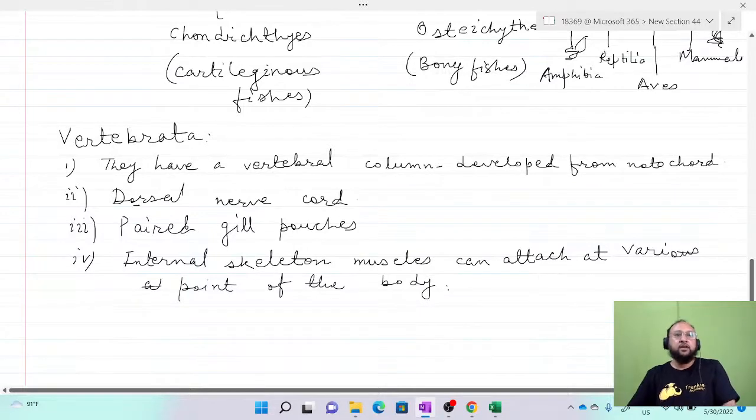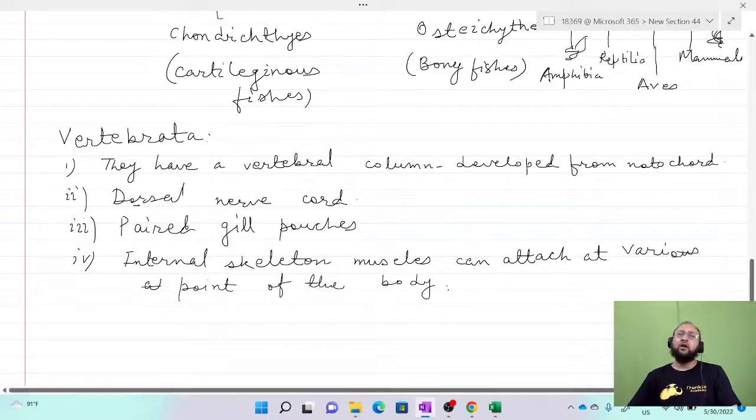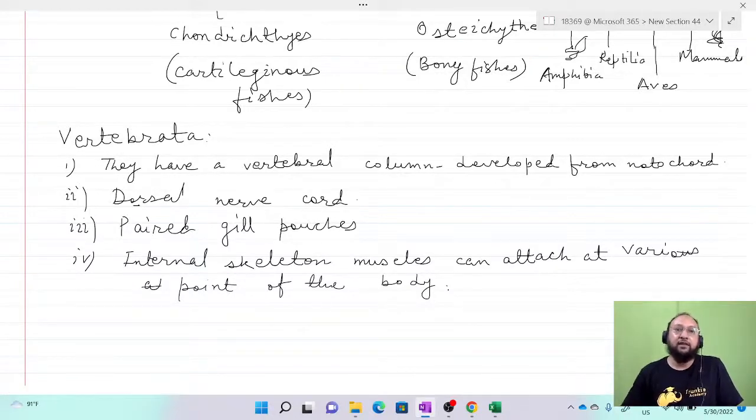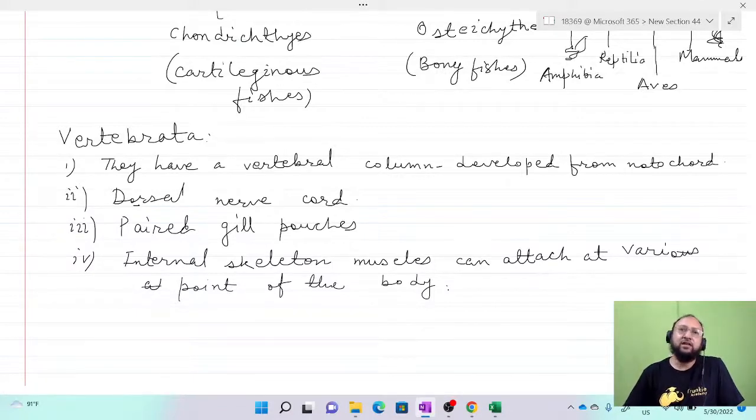So this means that we have a well developed skeleton in the human body. Likewise, all the vertebrates have a vertebral column, cranium or brain box, or skull, and the other skeletal structures like the bones of the limbs, and this skeleton is well attached with the skeletal muscles.